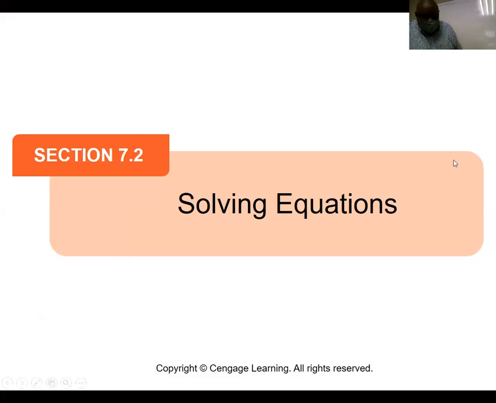Okay. So far in chapter 7, in 7.1, we did talk about how to represent and create functions. In this case, we did talk about some of the concepts of what a function is. We're dealing with x and y, the first coordinate for the x and the second coordinate for the y.